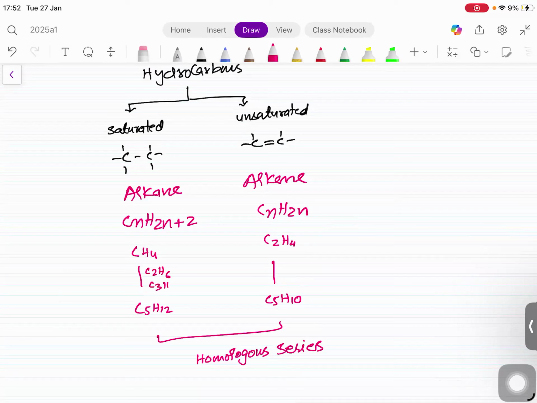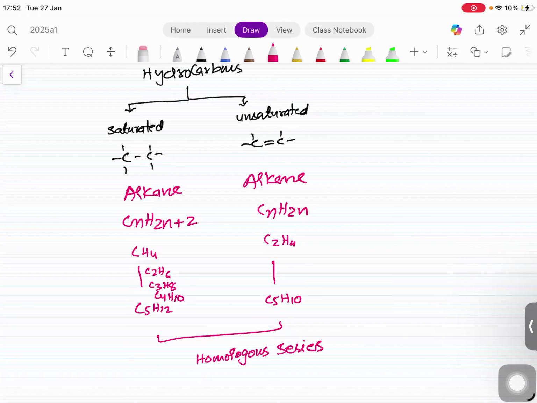C2H6, C3H8, C4H10. How much do they differ? They differ by one carbon and two hydrogens. And when they make a homologous series, what set of properties do they have? All the member compounds have the same chemical properties. All the member compounds can be represented with one general formula, and their physical properties gradually change with the number of carbon atoms.